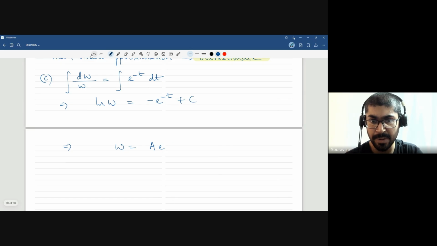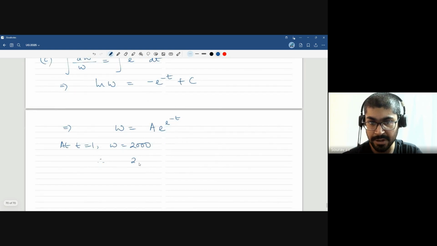A is basically the constant, because it'll be e to the power of minus t plus c, so I can just bring out e to the power c. So A is technically minus e to the power c. All right. Now I can use at t equals 1, W equals 2000. Therefore, 2000 is equal to A into e to the power minus 1.